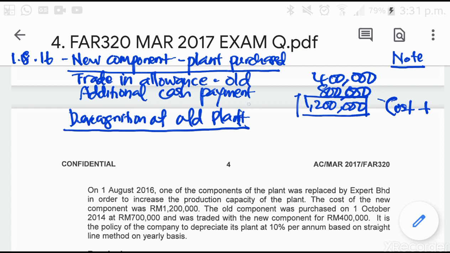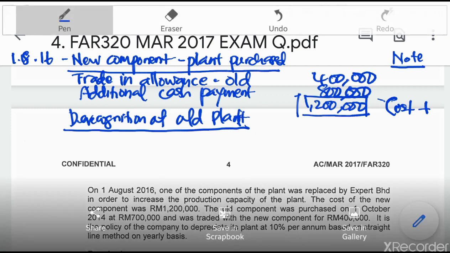Remember you learned this in FAR320, where if you want to derecognize, it can either happen during disposal or when there is no more future economic benefits expected from the use or its disposal.